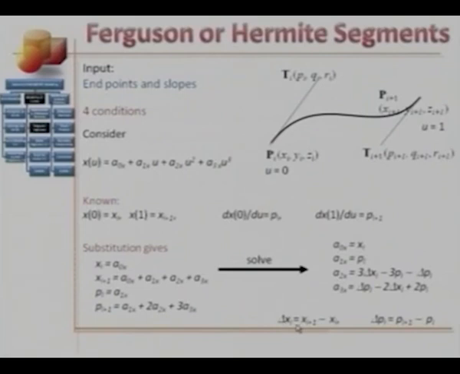Delta xi is xi plus 1 minus xi, and delta pi is equal to pi plus 1 minus pi.